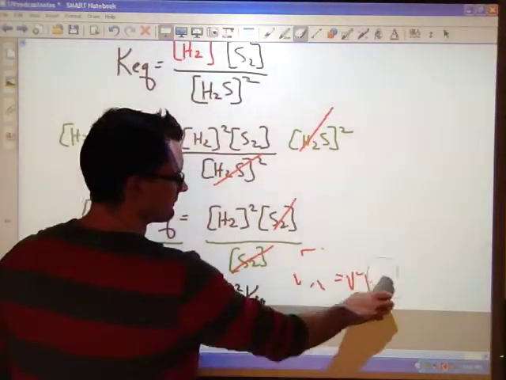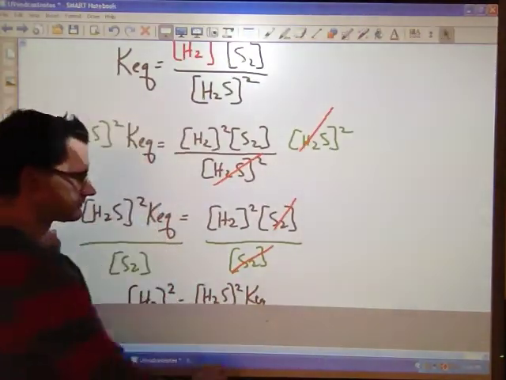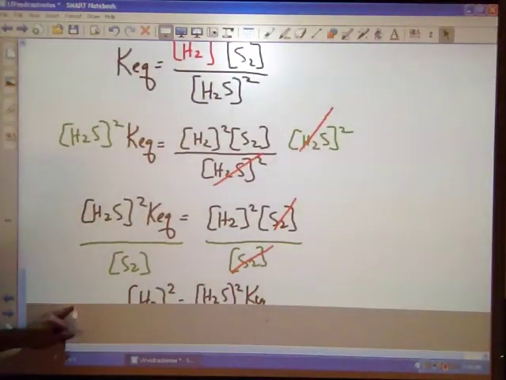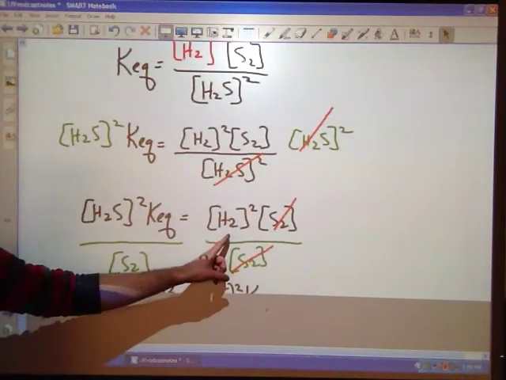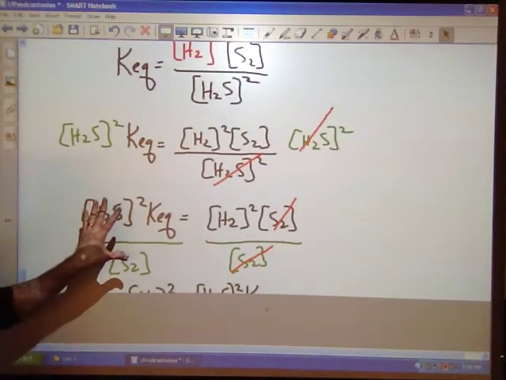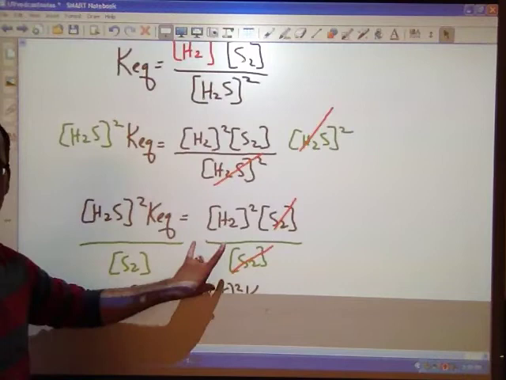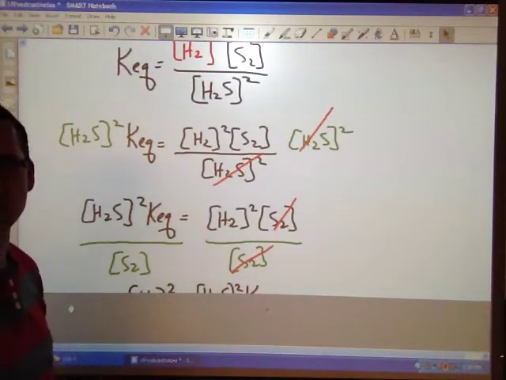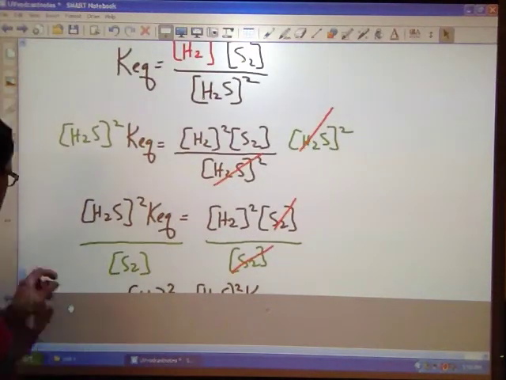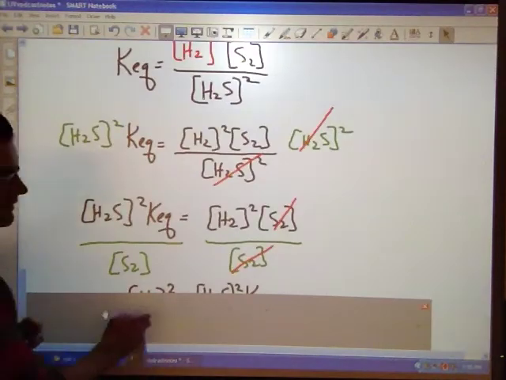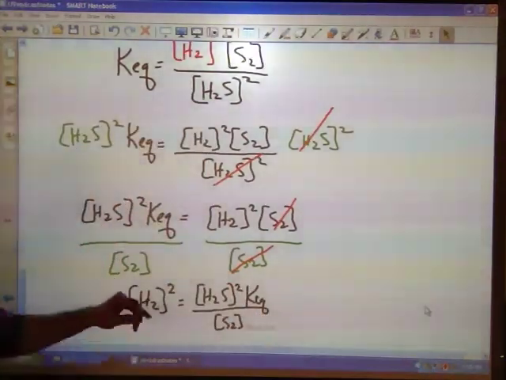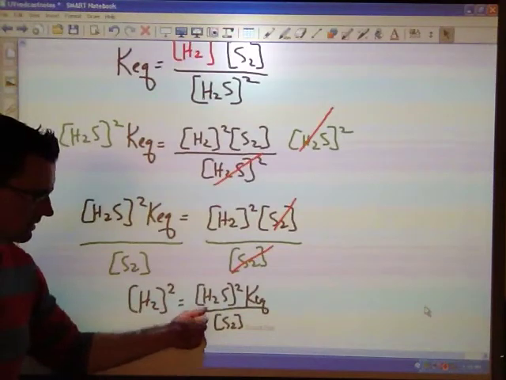I'm just going to erase this here for a second. That's going to come back. So I get H2 squared is equal to all of this. In the next step I just flip this so the unknown is on the left hand side. We usually like to work left to right. So I have H2 squared equals all of that.